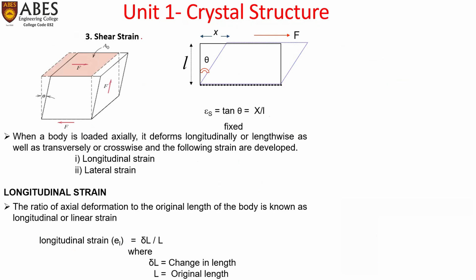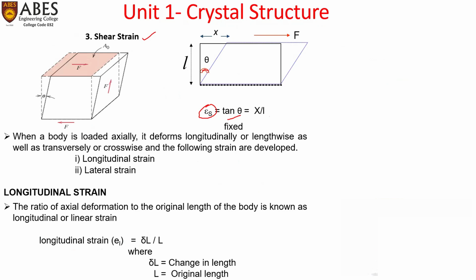Similarly, the third type is shear strain. Here, the strain is not in terms of a value, it is in terms of angle. So, epsilon S, shear strain, equals tan theta.